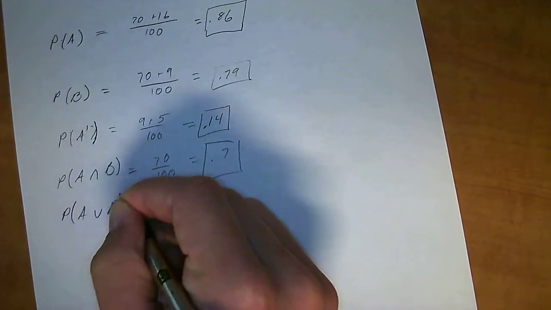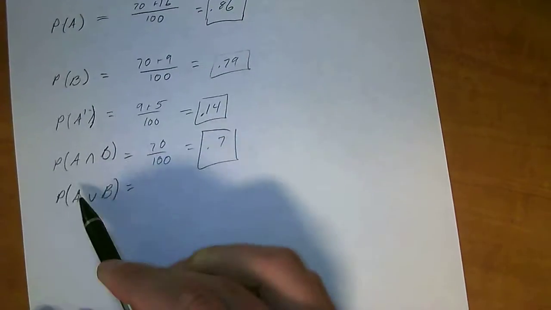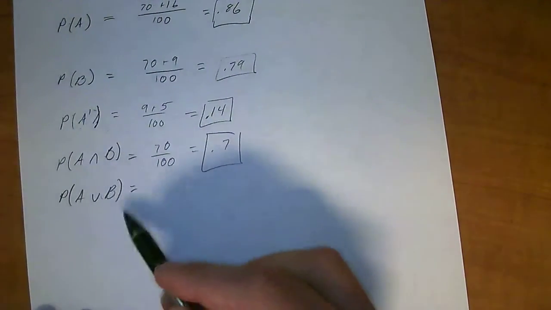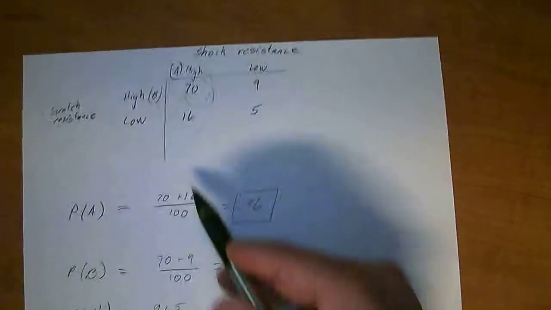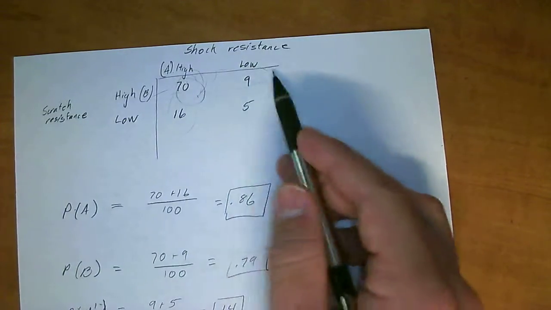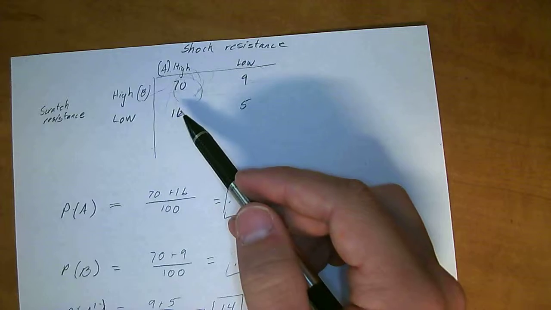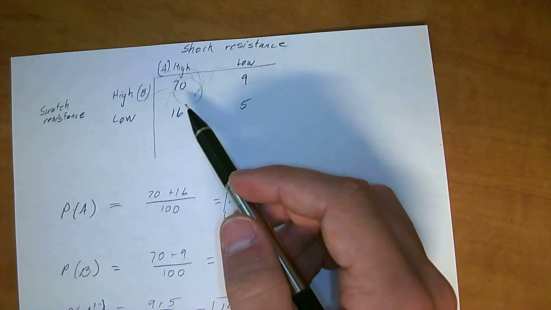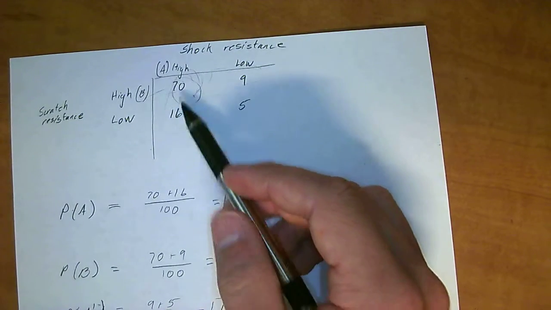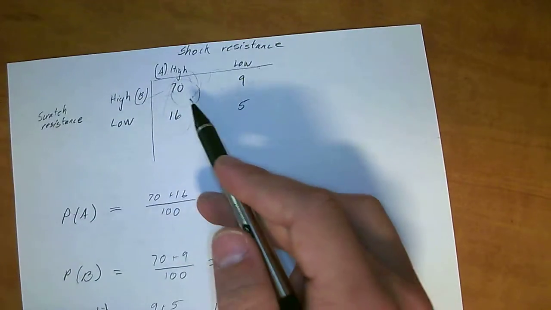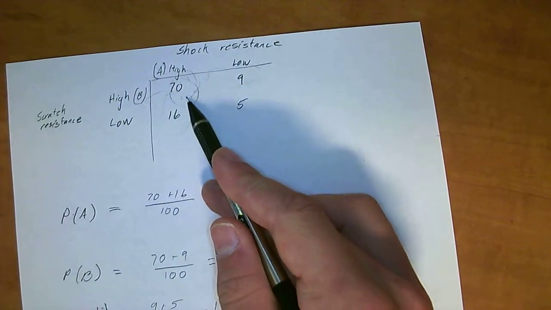Now we're going to do a union, so the probability of A union with B, and in this case it's an OR, so basically all of A and all of B occurring. Looking up here, you have all of A and all of B. The thing about this is, while 70 is included in both of them, and you are taking all of the probabilities, you don't multiply 70 by 2. Some people get confused by this.